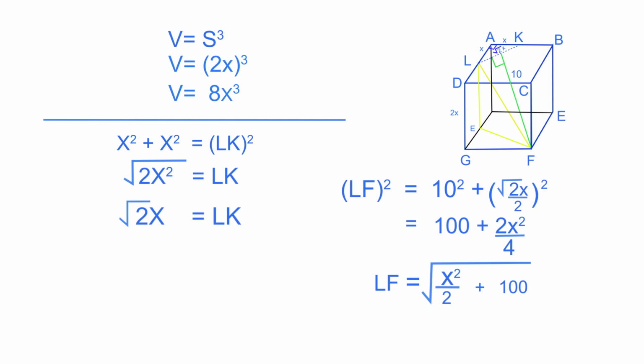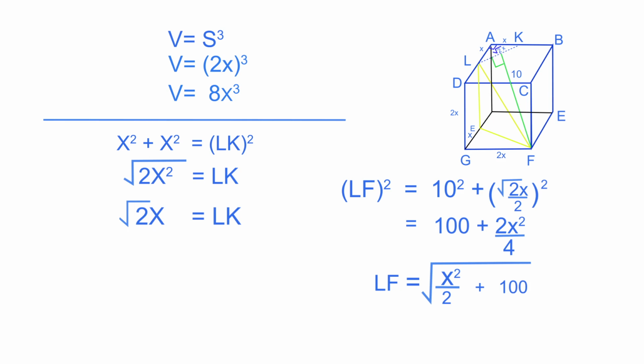The next one involves this triangle right here, E, G, and F. In that triangle, we can label a few things first. We know that E to G is x, because E is basically the midpoint of this line. And G to F is just the side of the cube, and we know that's 2x.